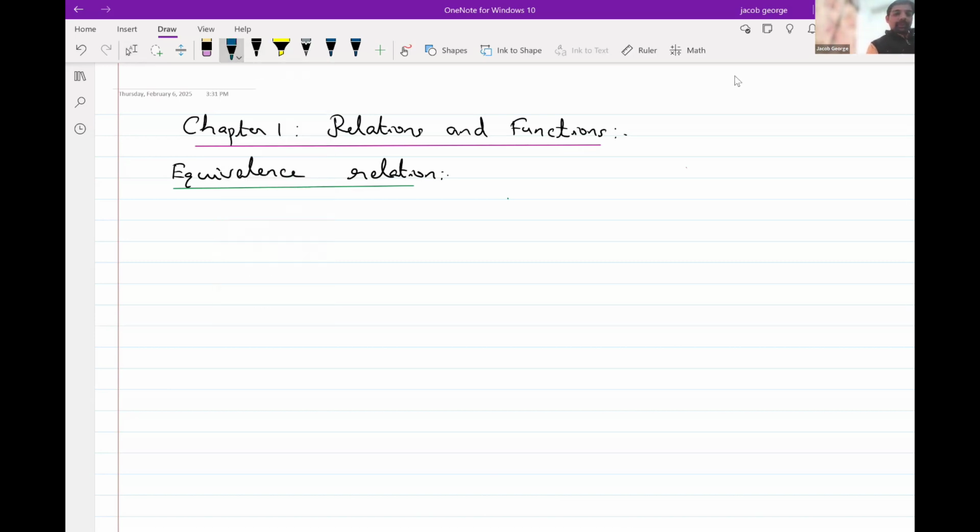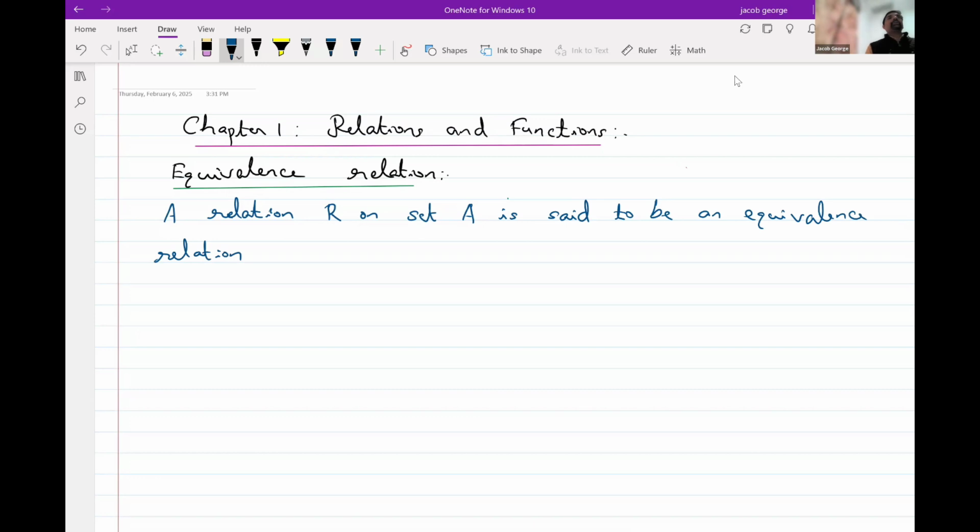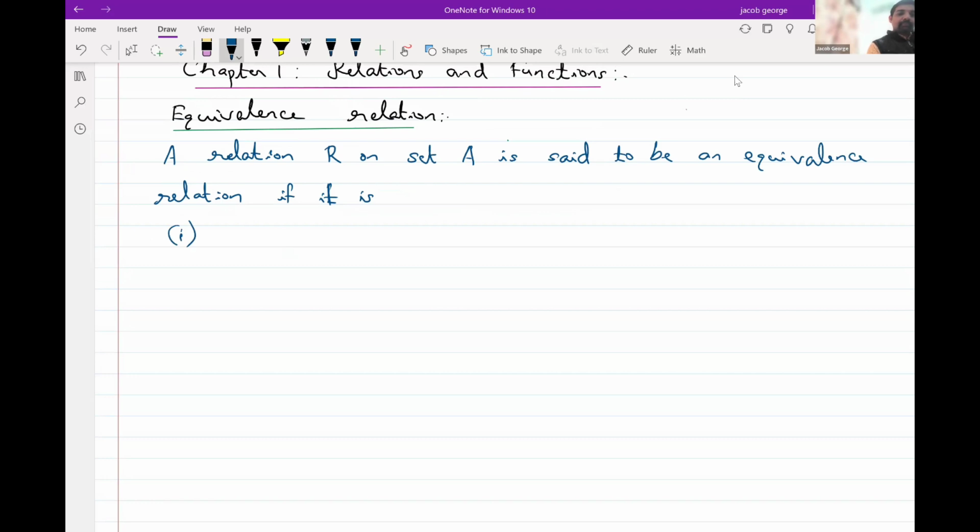A relation R on set A is said to be an equivalence relation if it is number 1, reflexive; second condition, symmetric; and third condition, transitive.